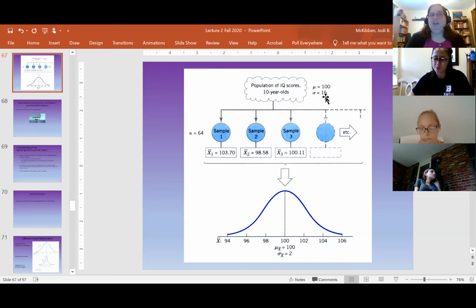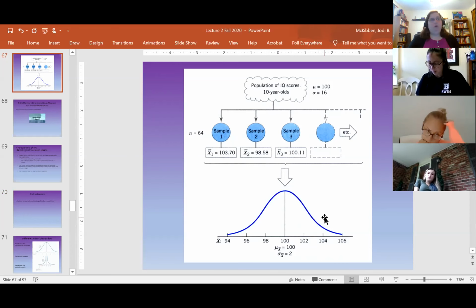So that's why this is such a bigger number than this. In fact, there's actually a formula that tells you how to get from the standard deviation to the standard deviation for a sampling distribution of means. So there's something that can actually tell you how to go from one to the other, but that's why it's more narrow.